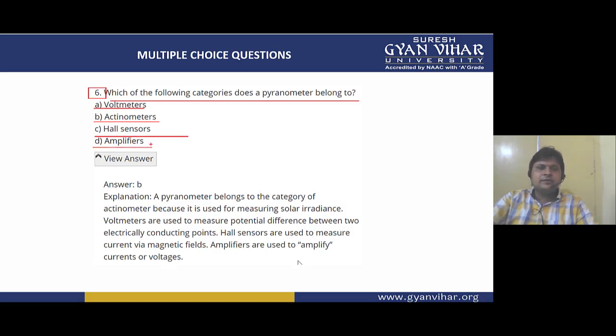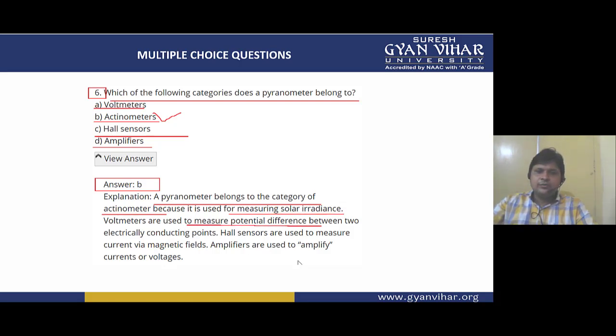While discussing our multiple choice question number 1, I told you that actinometers can be considered similar to pyranometer. So B is the correct one, and the explanation is: a pyranometer belongs to the category of actinometer because it is used for measuring solar irradiance.